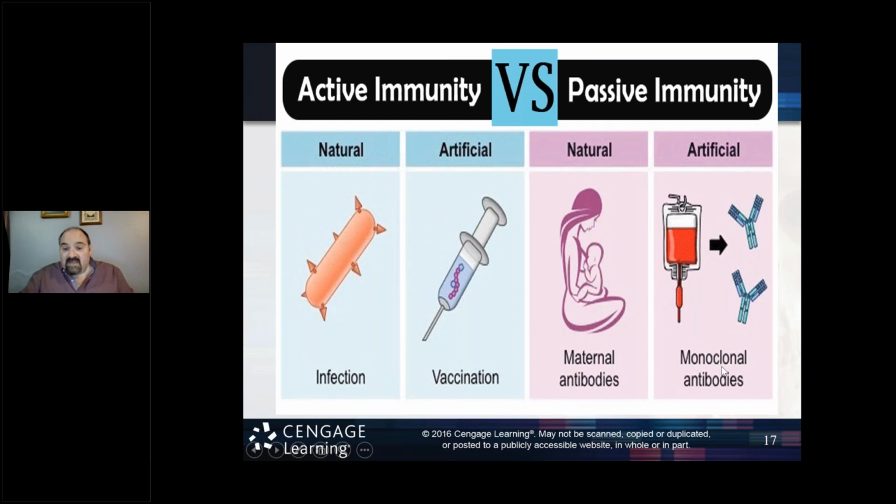It contains antibodies that have already been produced, and you just receive those already produced antibodies to fight whatever is going on, a serum. Whereas in active natural, you've been exposed to the infection and you come down with that infection, with the virus or the bacterium. In the case of active artificial, you've been vaccinated, and so that would be an active artificial immune response.